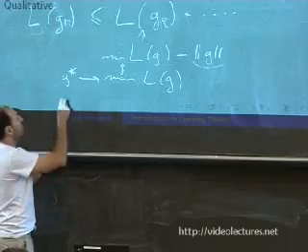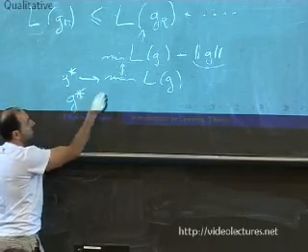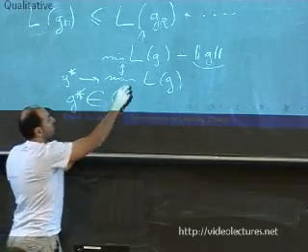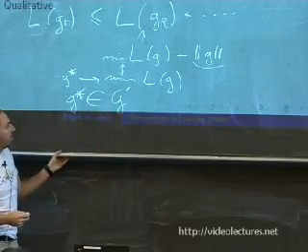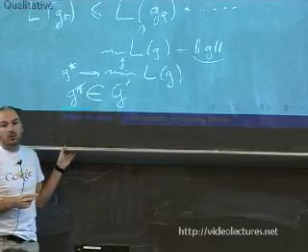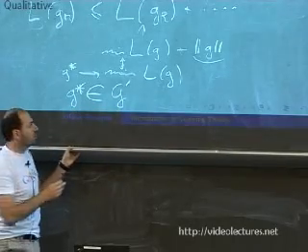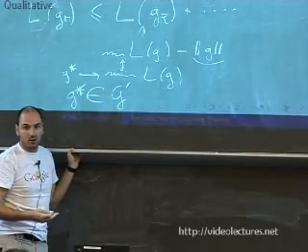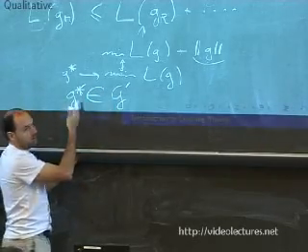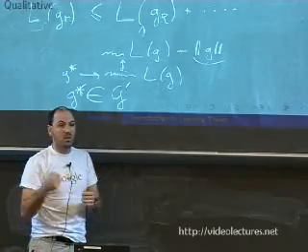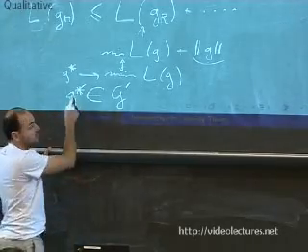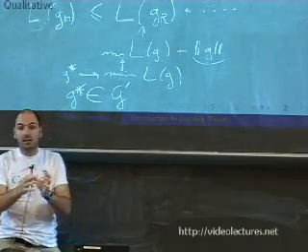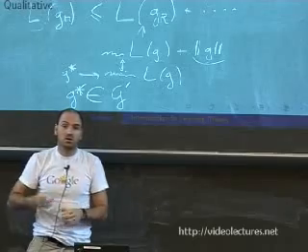Typically, you would assume that G star belongs to some class. So maybe it belongs to your class, which is typical, or maybe to some bigger class. And this is the standard type of restriction that you impose, that you have some kind of target function that belongs to a fixed class that you know in advance. And the distribution is derived from that, right? Which means the labels are obtained by applying this function. But then there often you don't have really restriction on how the x's are distributed, apart from, you know, they are in a bounded ball or something like that.